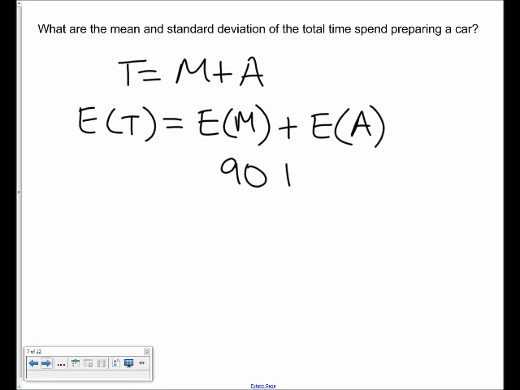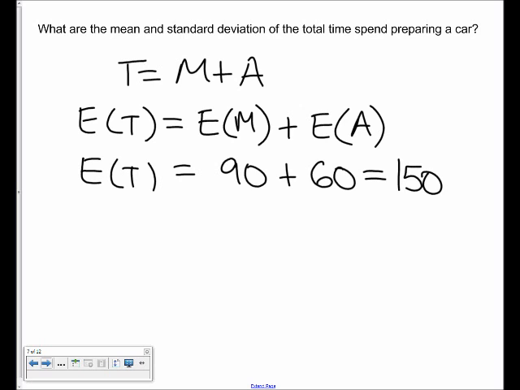So I'm going to write our 90 minutes plus our 60 minutes. And that will give us the expected value for the total time, which is 150 minutes, or 2.5 hours, right? If we think 60, 60, and then the extra 30. So 2.5 hours on average to get a car ready to put on sale.